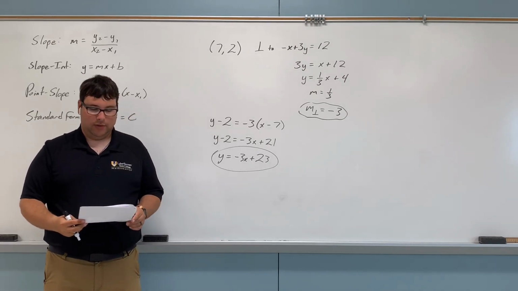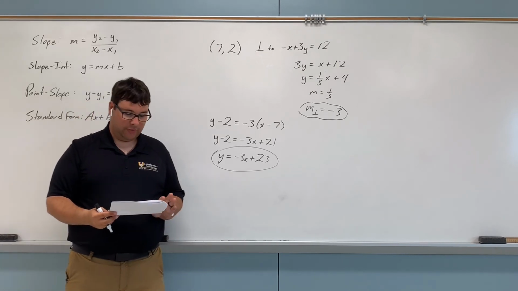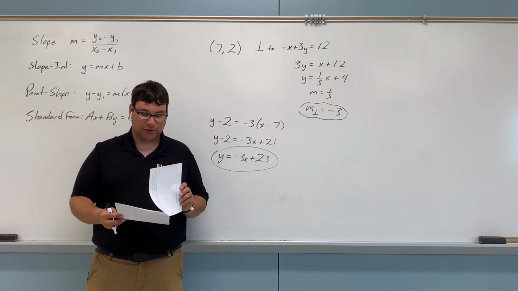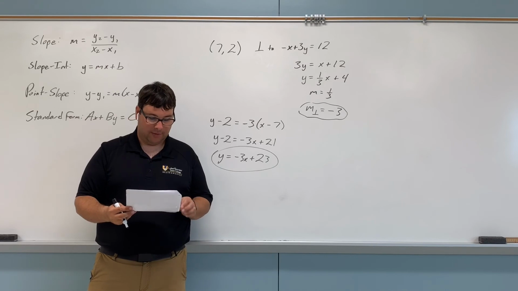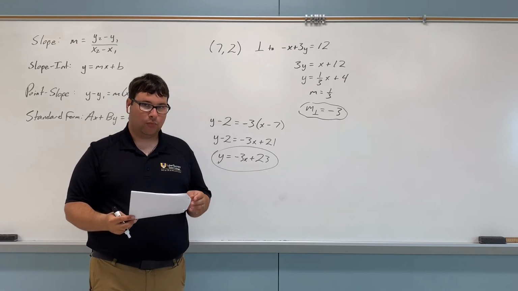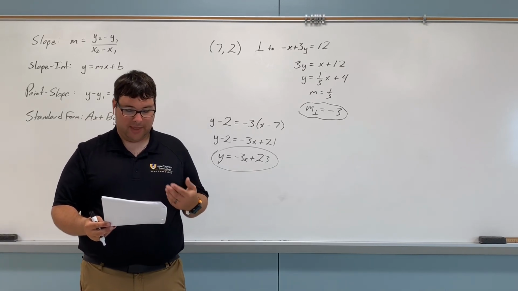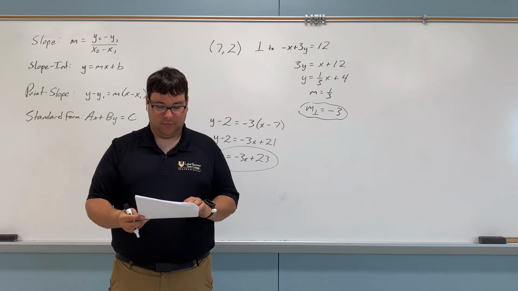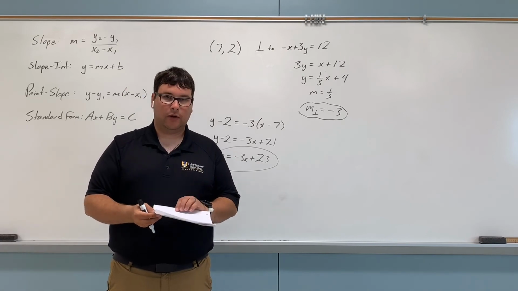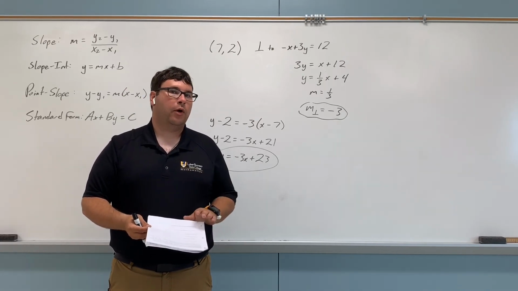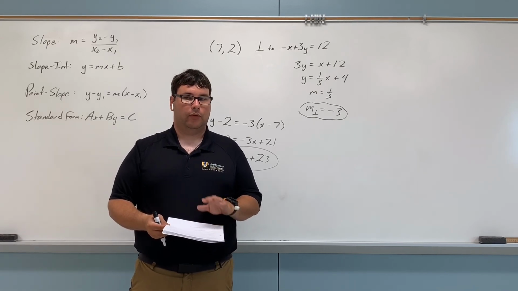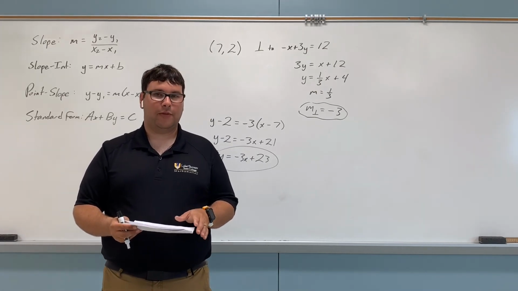Okay, very good. Now, at this point, the very bottom question on section 3.5 is asking you to write the equations for parts A, B, and E, which we've already covered, in standard form. I'm not worrying about standard form, so don't feel like you have to complete that part.